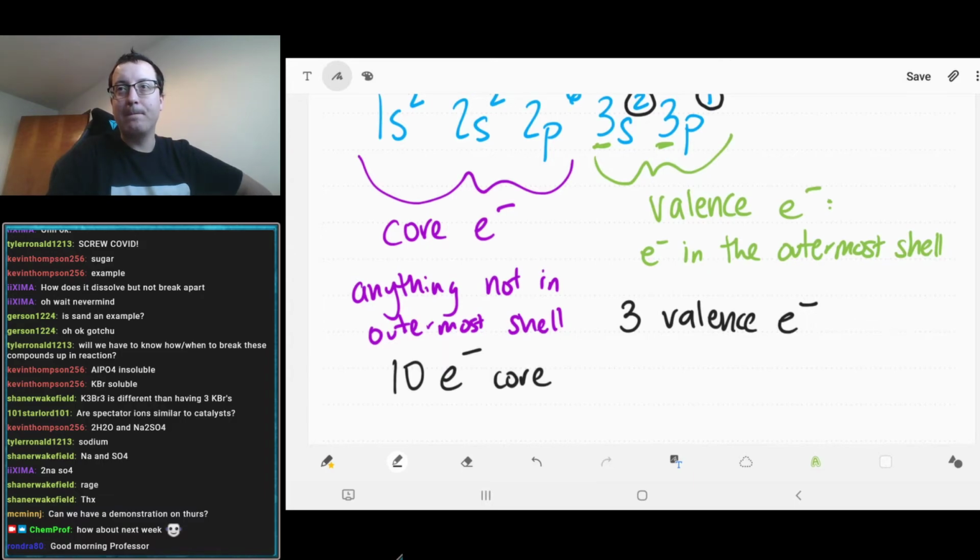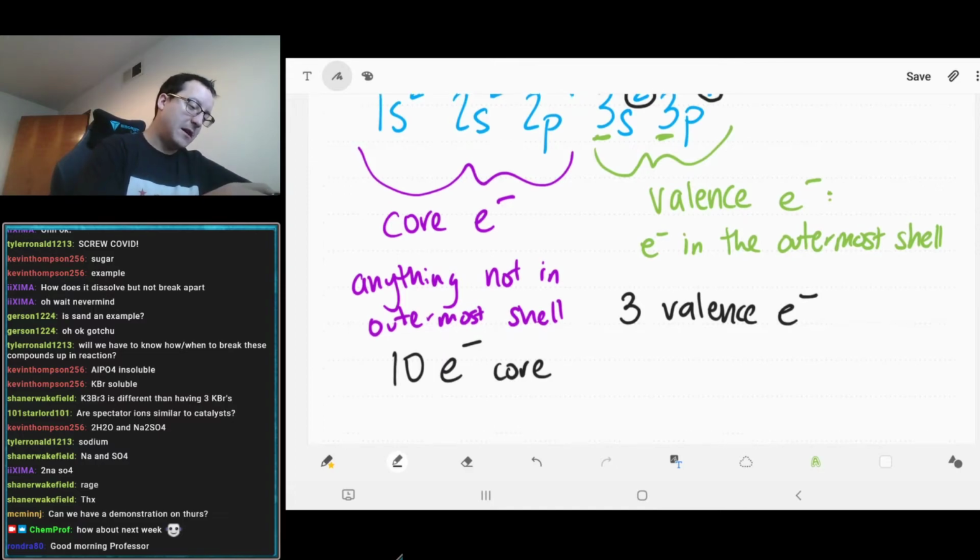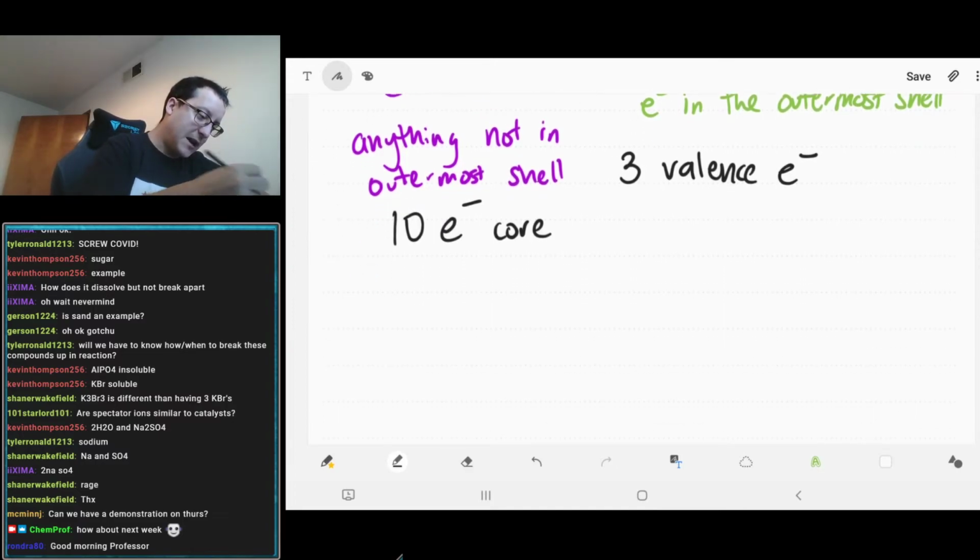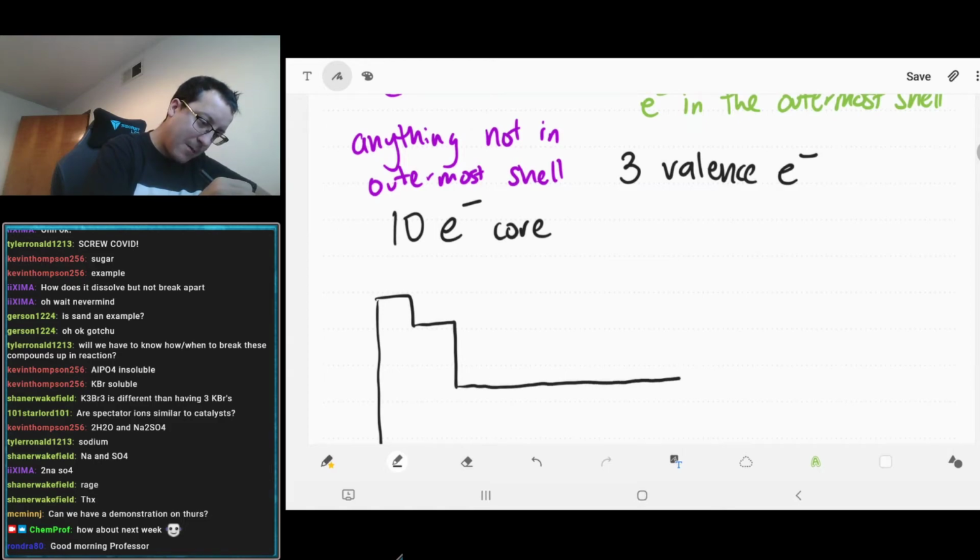Alrighty. So I have 2 shortcuts for you guys for when we're coming up with what is called the electron configuration of an atom. First one, easiest way to look at it is, I'm going to try and be very good with my drawing here.